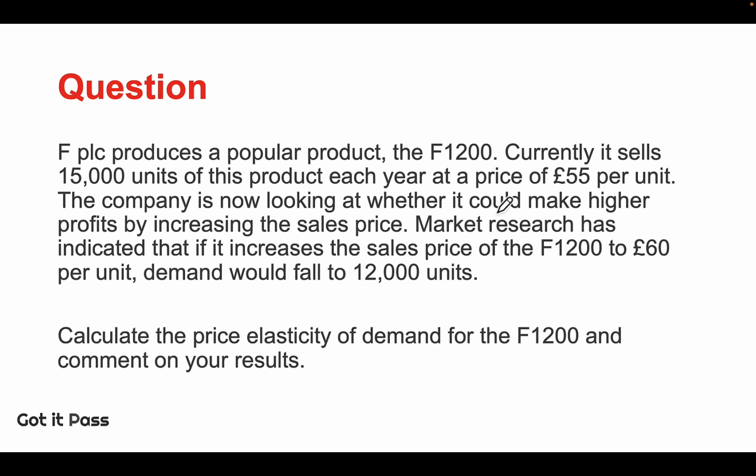The company is now looking at whether it could make higher profits by increasing the sales price. Market research suggests that if it increased the price of the F1200 to £60 per unit, demand will fall to 12,000 units.